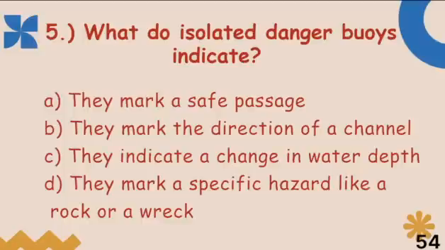Halfway through our Q&A questions. Next, what do isolated danger buoys indicate? A. They mark a safe passage. B. They mark the direction of a channel. C. They indicate a change in water depth.